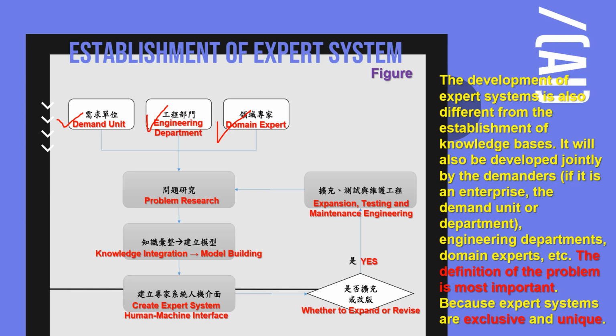And they will ask whether to expand or revise. If yes, they will go back here. And they will create the expert system to do the HMI, human-machine interface. So it's like a loop. The definition of the problem is most important because we talk about the expert system being exclusive and unique, okay?